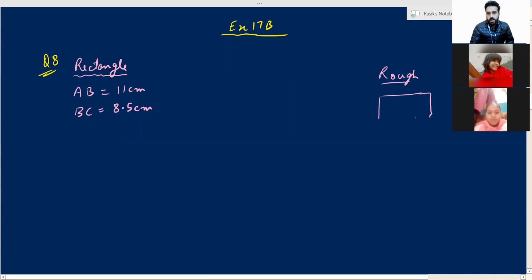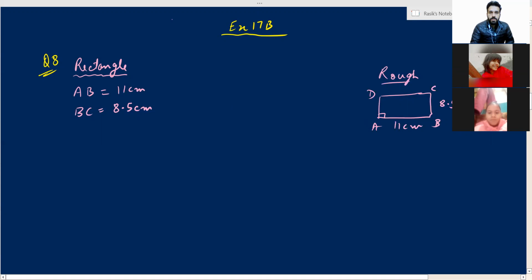This is what we are going to construct, a rectangle where AB is 11 centimeters and BC is 8.5.